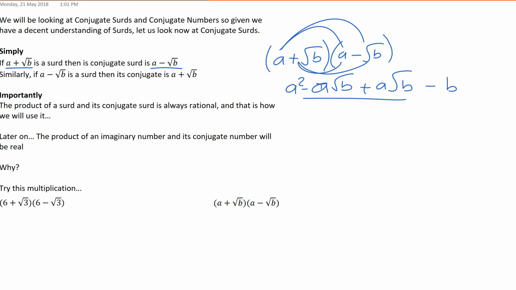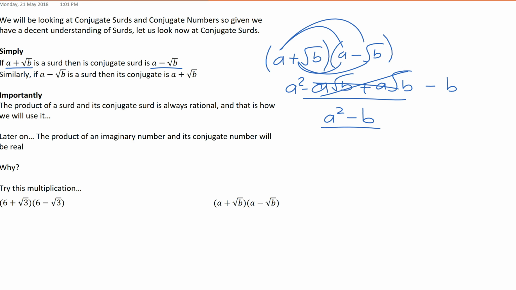Now if these ones here cancel out, what am I left with? What have I got rid of? The square root symbol. So now when we're trying to rationalise the denominator, if it's 2 minus root 6, what can I do? Get rid of my surd, get rid of my radical square root symbol, leaving me with the number on the bottom. Okay?